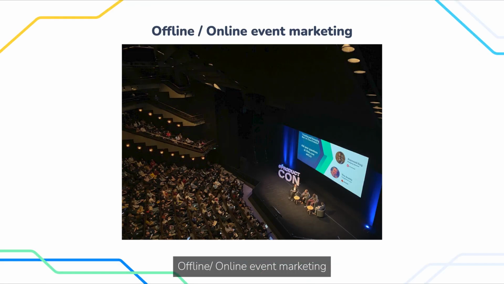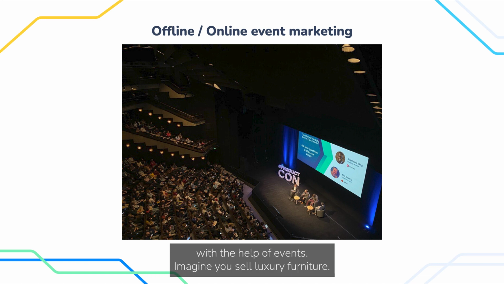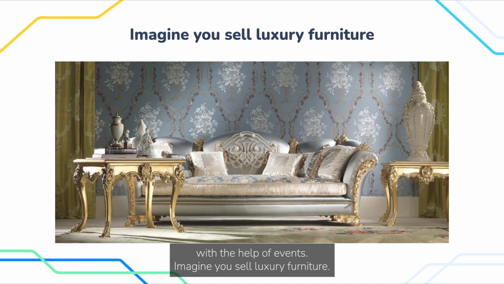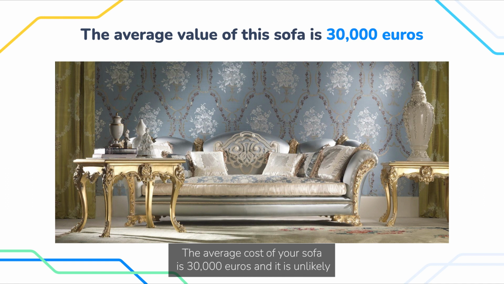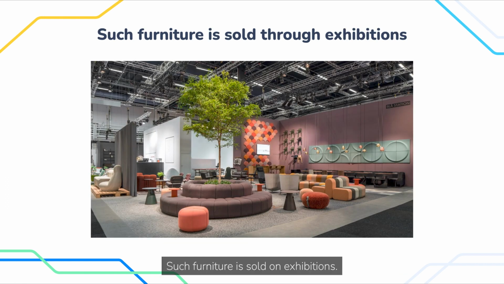Offline or online event marketing. It is a type of marketing aimed at promoting a company and its products with the help of events. Imagine that you sell luxury furniture. The average cost of your sofa is 30,000 euros, and it is unlikely that you could sell such a product through advertising on social networks. Such furniture is sold at exhibitions.